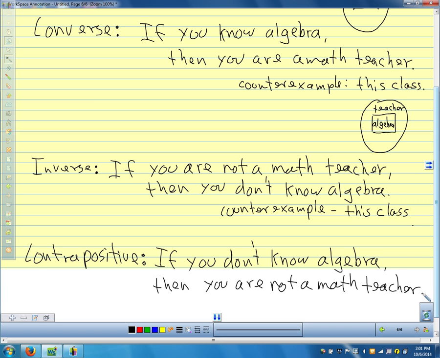And is this conditional statement true? If you don't know algebra, can you be a math teacher? Yes. Part of the test.